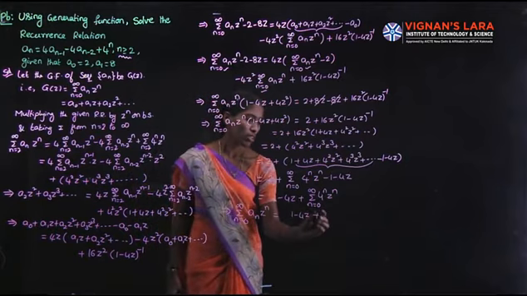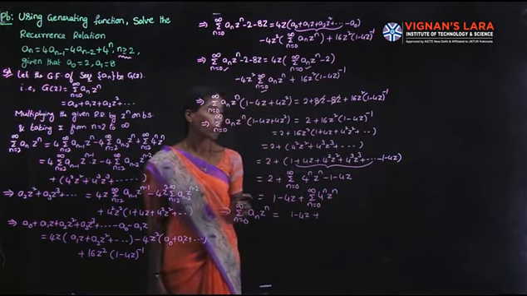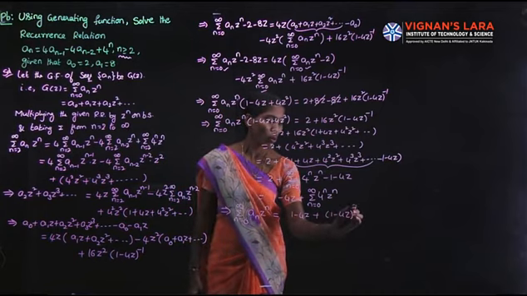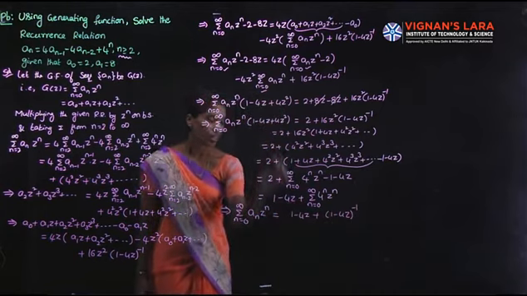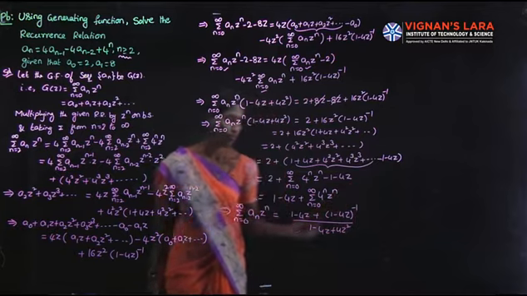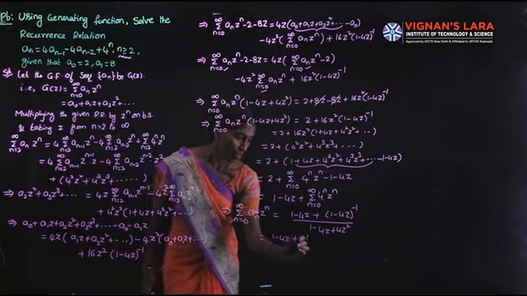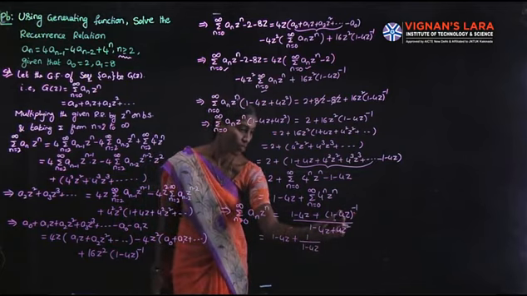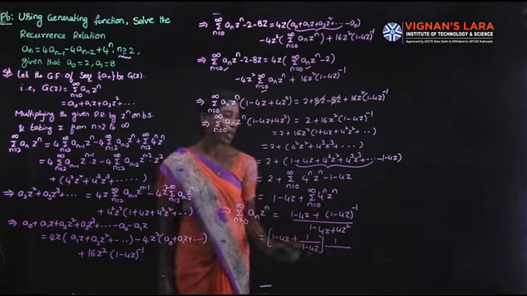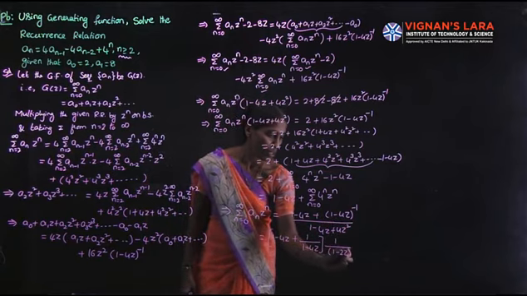It is nothing but summation n equal to 0 to infinity 4^n z^n, which is 1 by (1 minus 4z), plus 4z^2 by (1 minus 4z) whole inverse, which can be written as 1 by (1 minus 4z) into 1 by (1 minus 4z plus 4z^2), which can be written as (1 minus 2z) whole square.